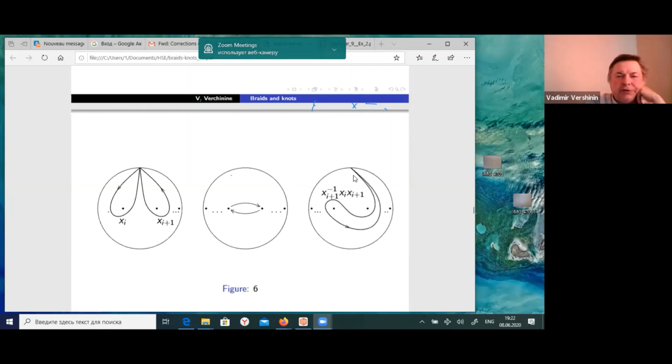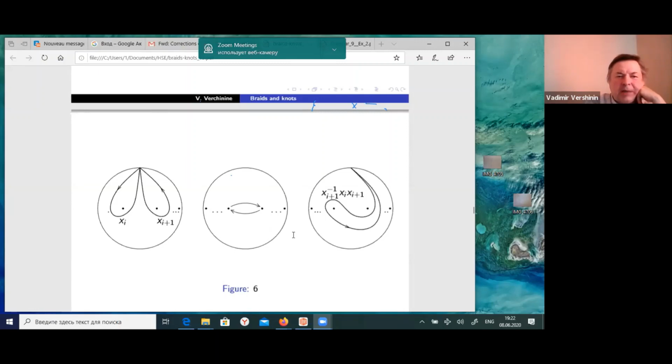I didn't make a picture because it would make the whole picture even more difficult. So this loop, the left loop, takes the place of the right loop, somewhere here.